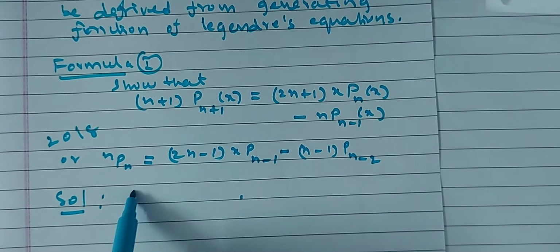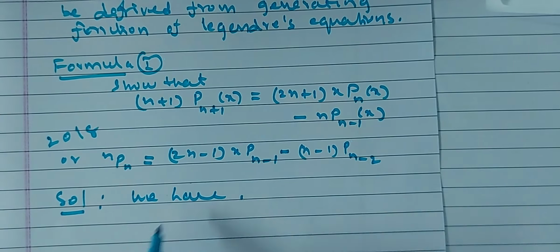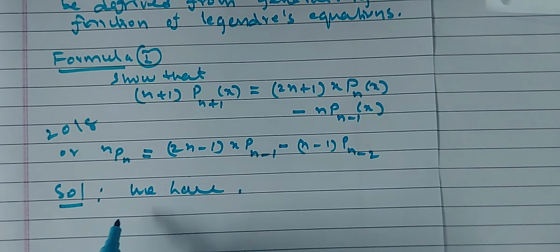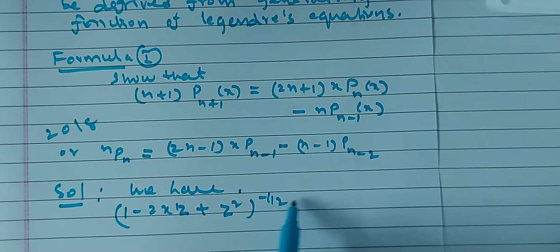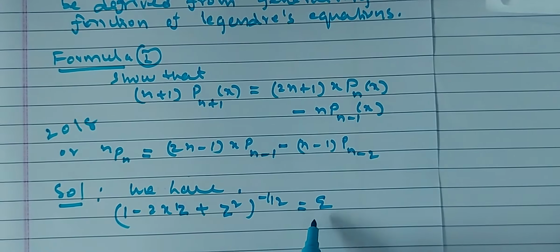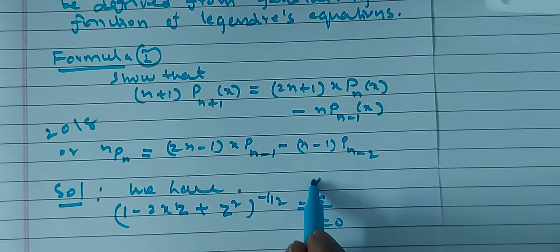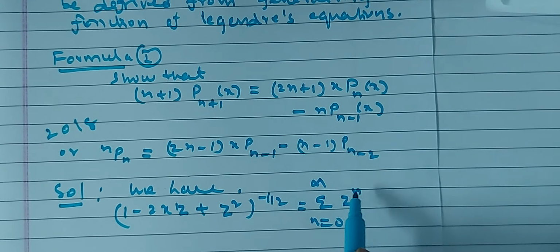We have (1 minus 2xz plus z square) whole to the power of minus 1 by 2 is equal to the generating function, sigma n is equal to 0 to infinity z power n into Pn of x.